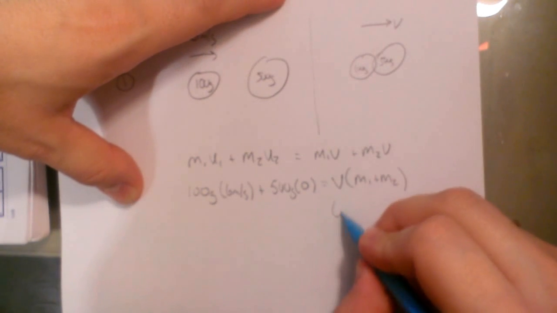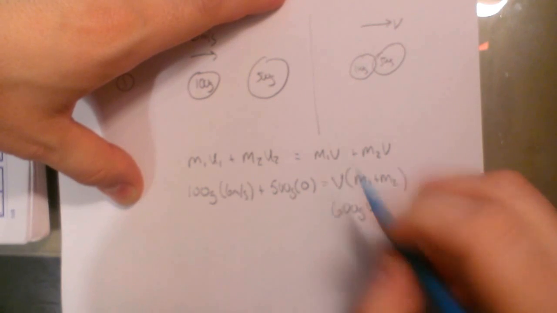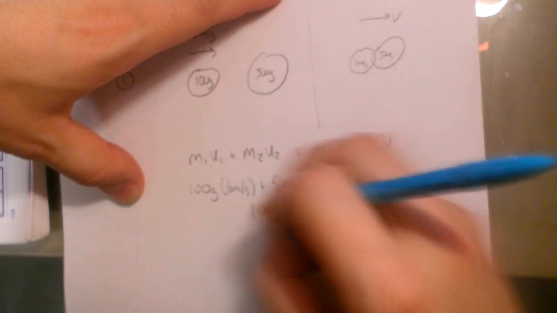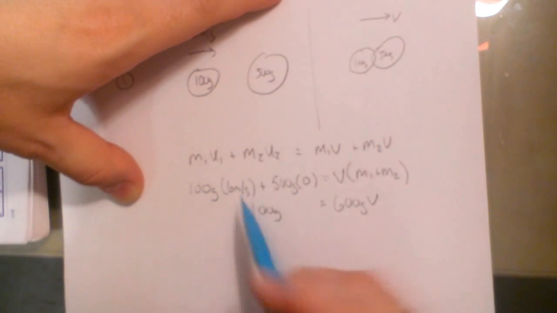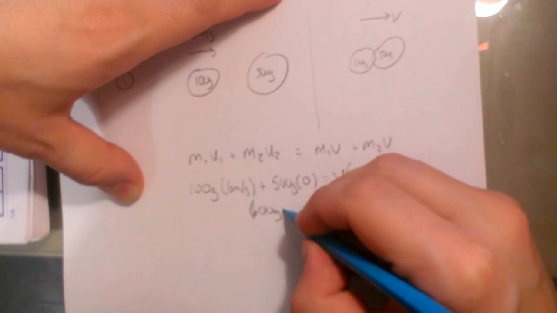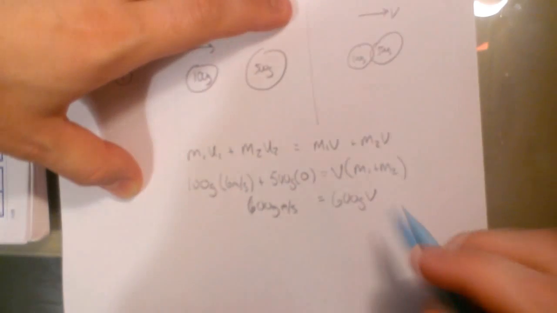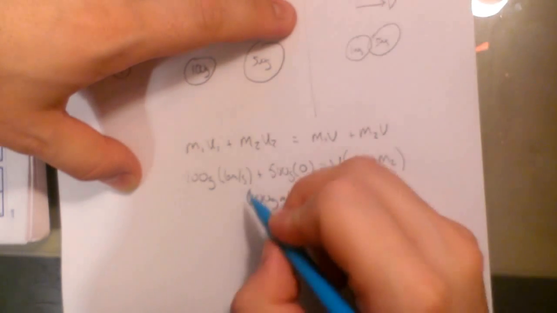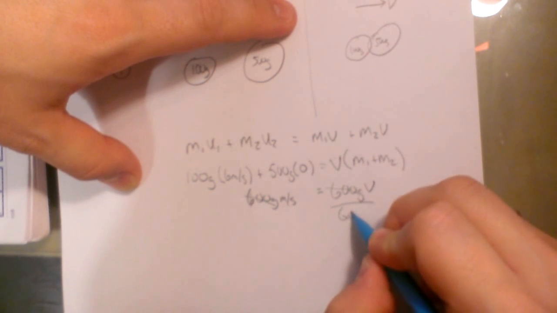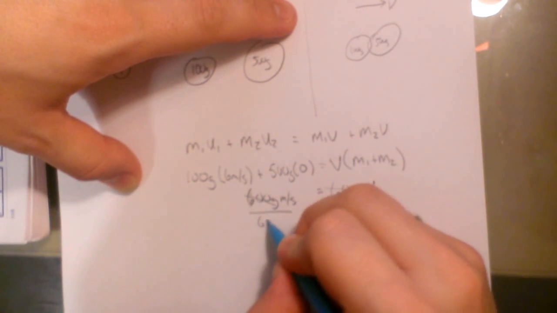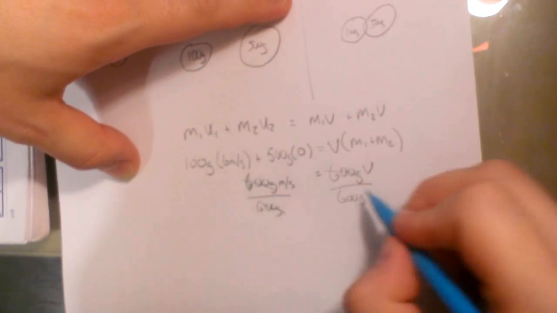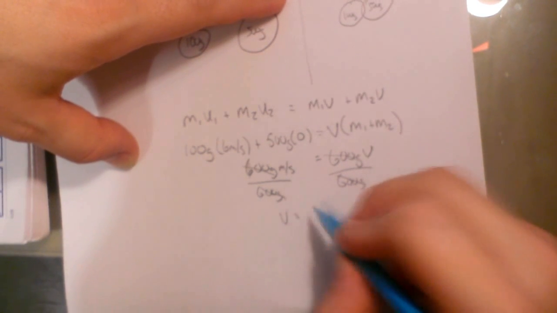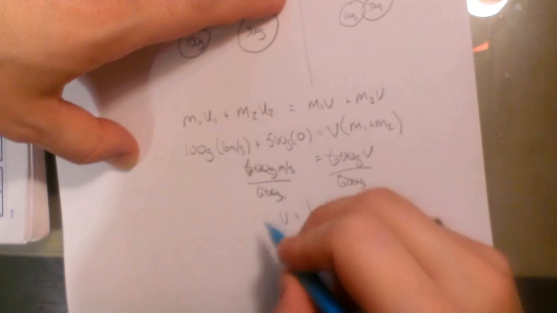Mass 1 plus mass 2 is equal to 600 grams. 100 times 6 is 600 gram meters per second. Divide both of these by 600 grams, and I'm left with v equal to 1 meter per second.